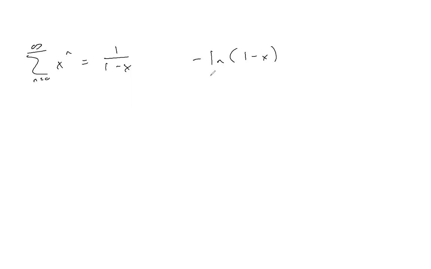So what I do is I look at this a bit closer and I see, okay, this is actually the integral of this function, right? We can check that real quick. The integral of 1 over 1 minus x dx. I do a u-sub.